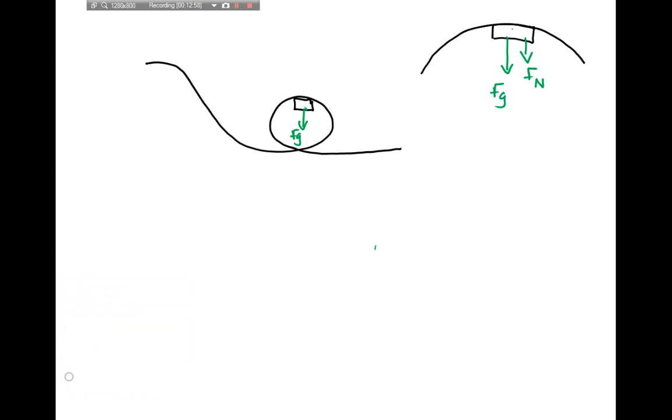Because my gravitational force points inwards towards the center, and the acceleration has to be v squared over r, the force due to gravity has to equal m times the centripetal acceleration, which is mv squared over r. And the force due to gravity is, of course, mg.